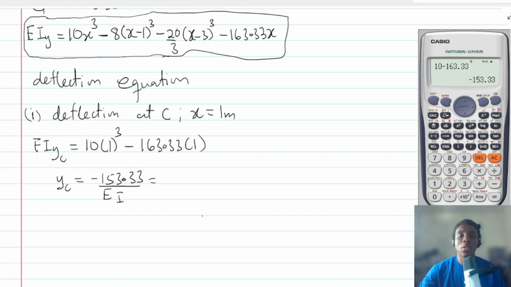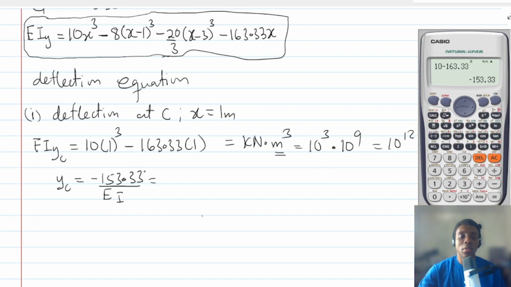Okay, because what we have here is actually in kilonewton meter cube. This answer that we have here is in kilonewton meter cube. All right, so we will have to multiply this. The kilo is 10 to the power 3, and then the meter cube is actually millimeters. So in millimeters, it's going to be 10 to the power 9, okay, which is like 12.